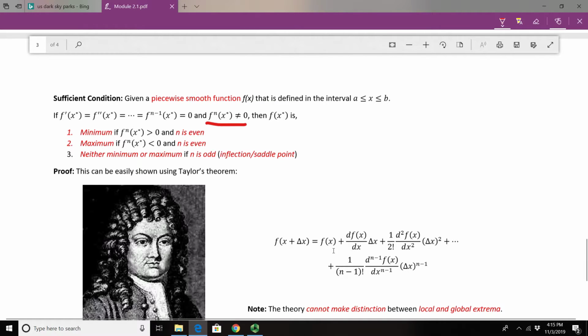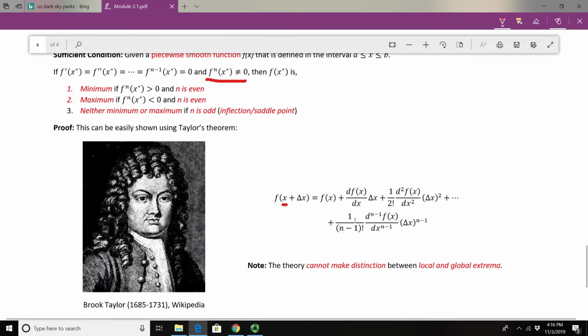It means that this point is bigger than the reference point x, and therefore I am at a minimum. If this is negative, it means that this point will be smaller than the reference point, so I am at a maximum. And you can expand it for various orders, not just 2, but you can apply it, of course, at 4. So this is the end of this module, and we'll see how we can apply it in the next one. Thank you very much.